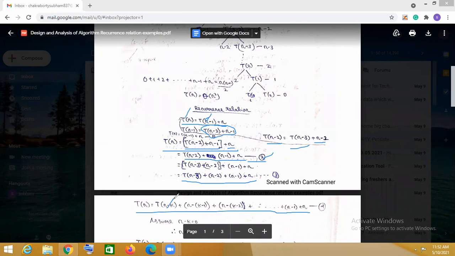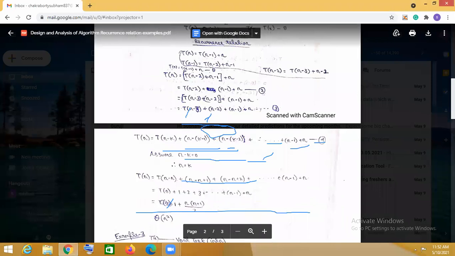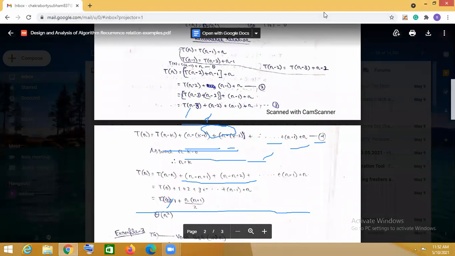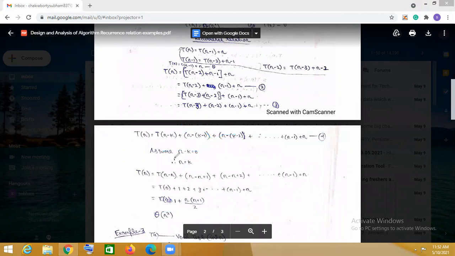If we are able to make this term equal to 0, then it becomes T0 and our recurrence relation will be completed. That's why you put this term equal to 0: n minus k equals 0, and after this it becomes n equals k, that means k equals n.